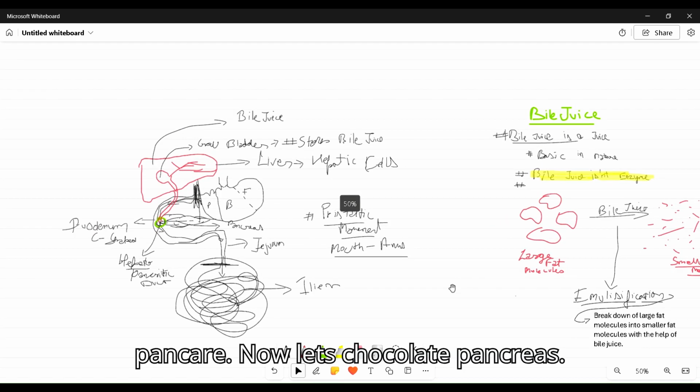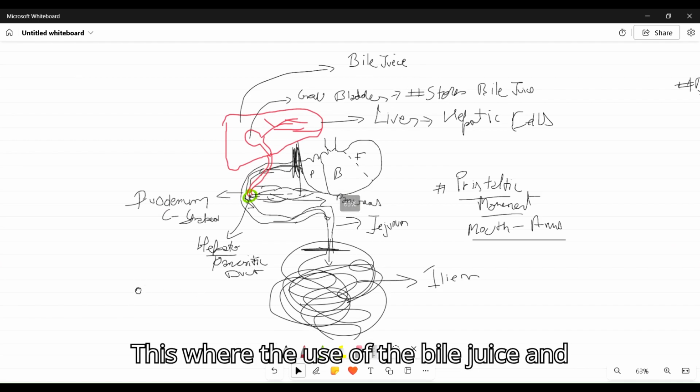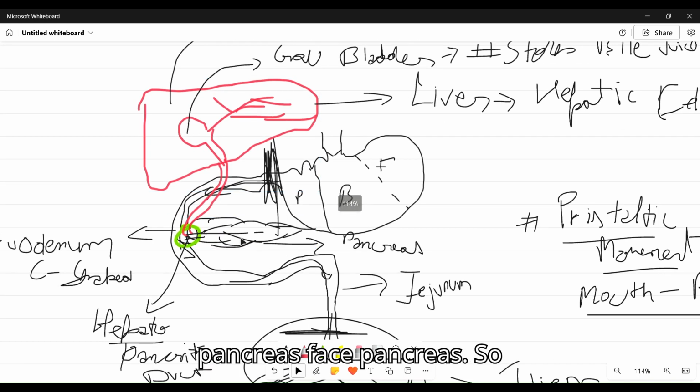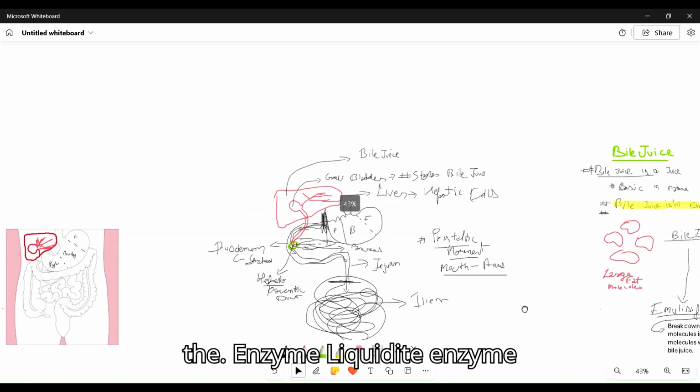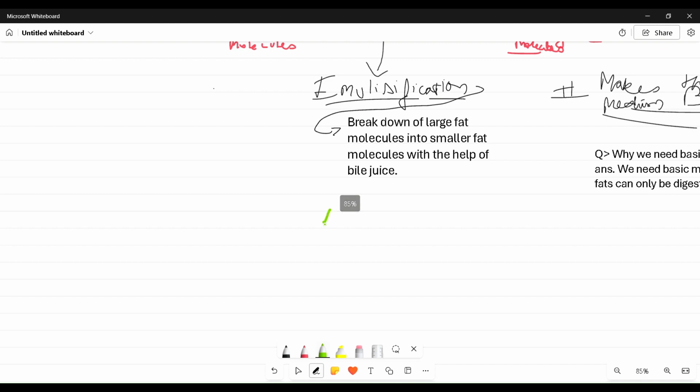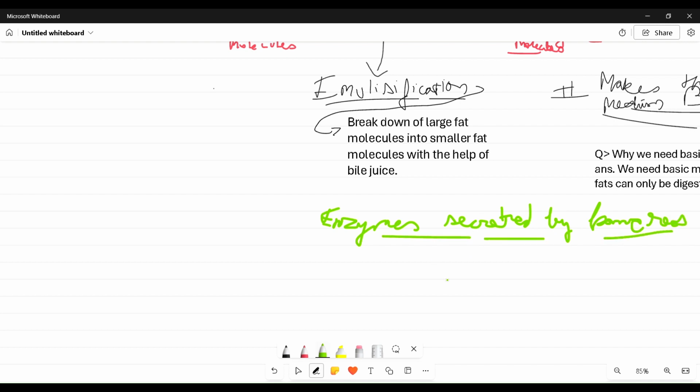Now let's talk about the pancreas. Here's the pancreas. Let me write the enzymes secreted by the pancreas.